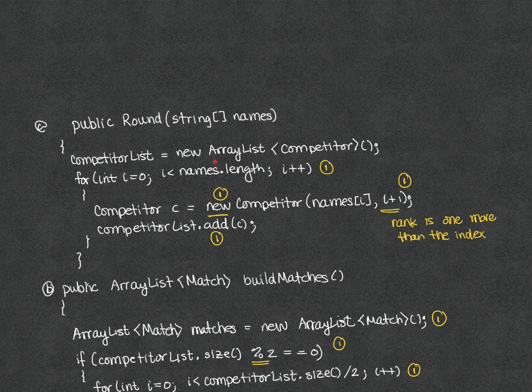So what we're going to do is traverse the names array and add a new competitor to each position. We have to use the new operator because in the array list, it is competitors, which is an object. And then we're going to give our names at position I. And remember, their rank was 1 more than their position. And after we create this competitor, we're just going to add it to the list and then keep going.